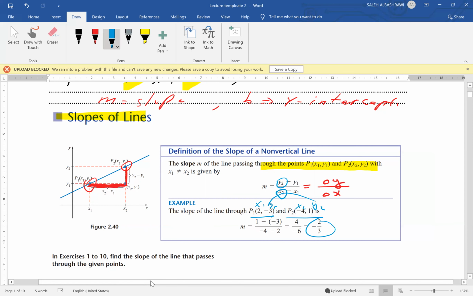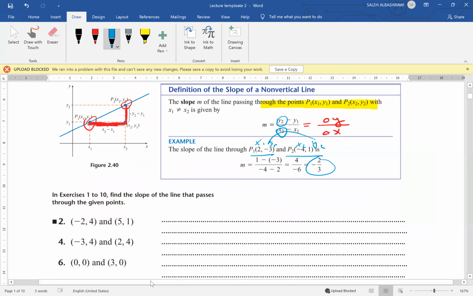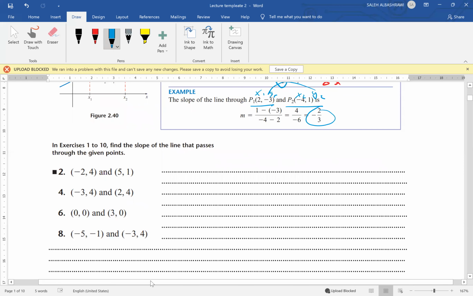As a direct application of this formula, let's find the slope of the line that passes through the given points. I need to find the slope of the line passing through the points (-2, 4) and (5, 1). So this is x1, y1, x2, y2.